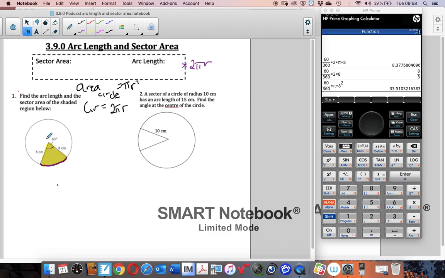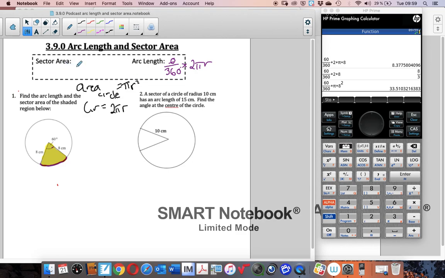The circle has 360 degrees, and here we're going to want 60 of it, okay? So we are going to want whatever section of 360 our angle will be. So your formula is whatever this angle is out of 360 of the circumference.